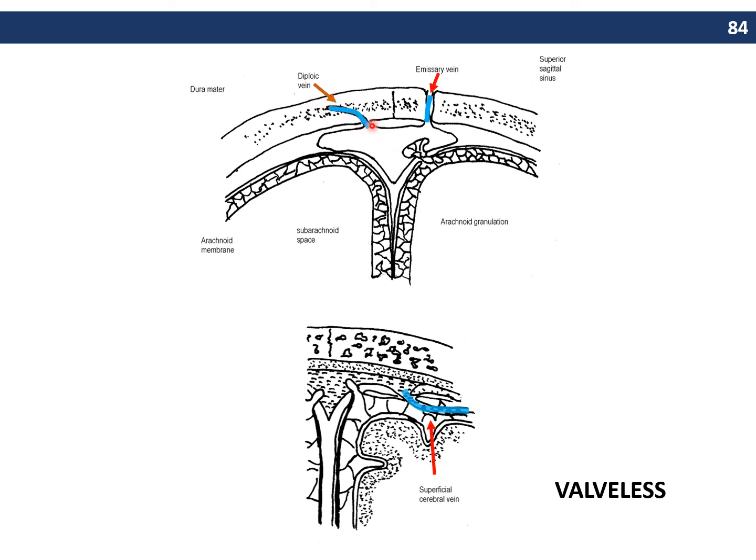There are also diploic veins that drain into the sinuses and are also valveless. The superficial cerebral vein located in the subarachnoid space also drains into the dural sinuses.